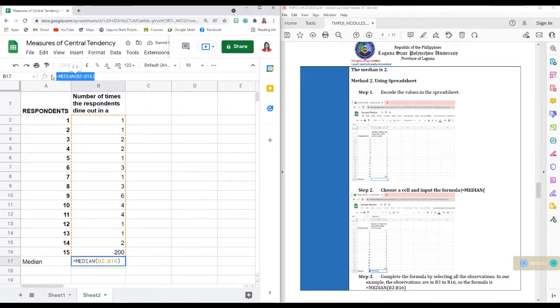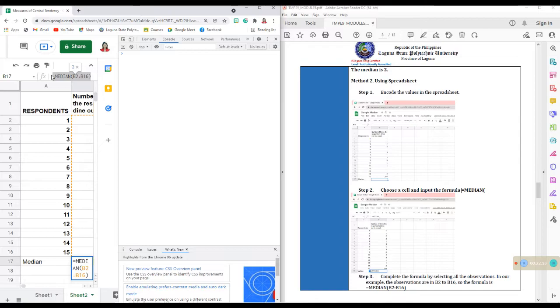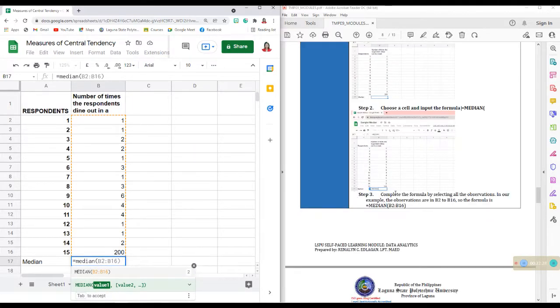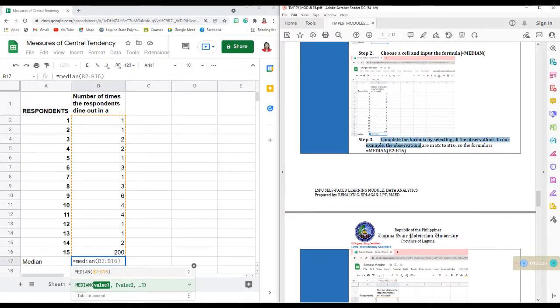Pero pag di yan lumabas, i-input nyo yung formula, mano-mano. Sige, input ko yung formula mano-mano ha. Equal, median, open parenthesis. And then, ayan, complete the formula by selecting the observations. In our example, the observations are in B2 to B16. So, mula dito sa 1 hanggang dito sa 200.